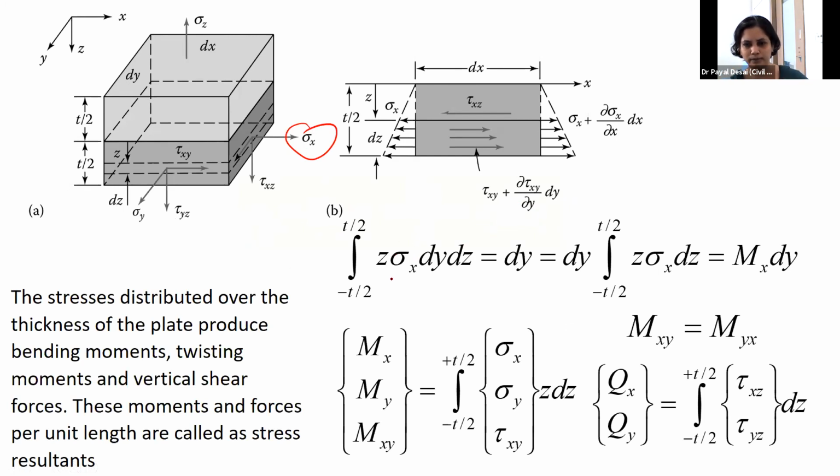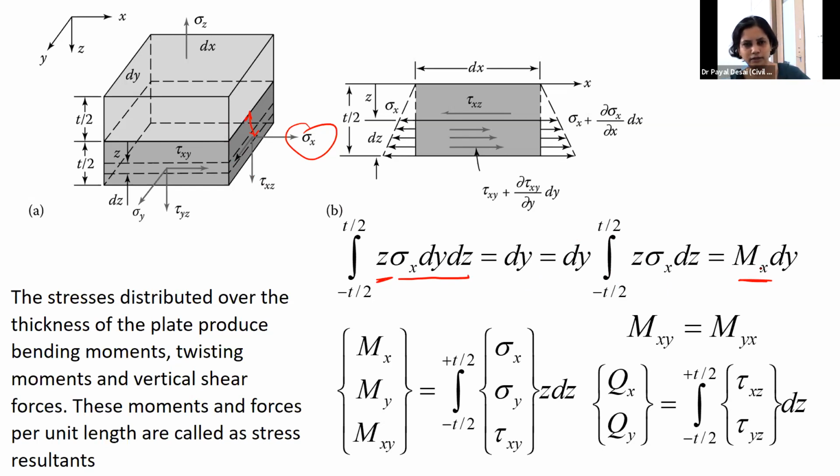So what I do is simply take the differential moment. First I multiply this with the cross sectional area to get the force, and then there is a lever arm, that's Z. You multiply it with Z and integrate it from top to bottom, and you get your replacement moment. When you integrate this force over this surface, you get the bending moment, mx, in the x direction.